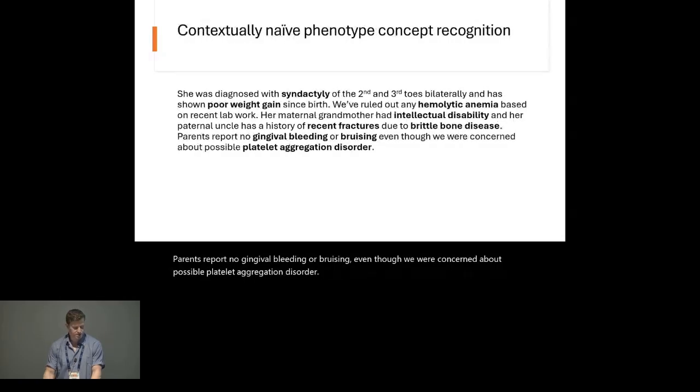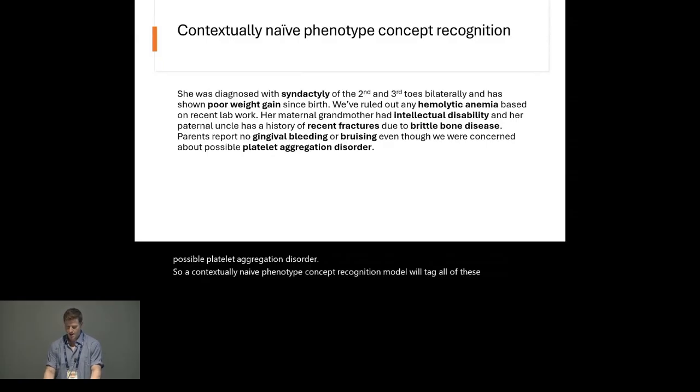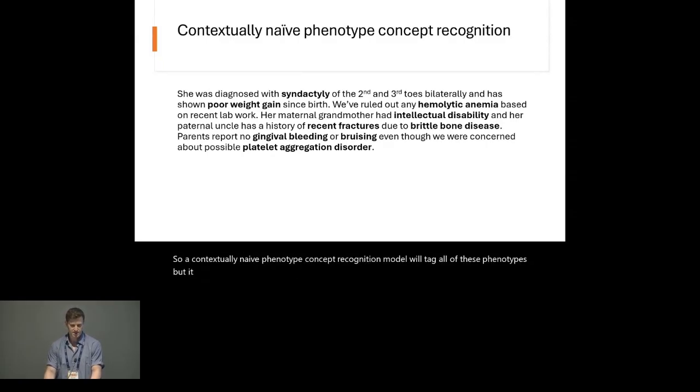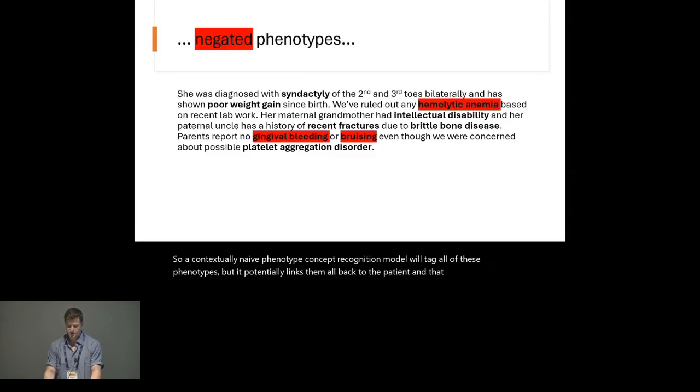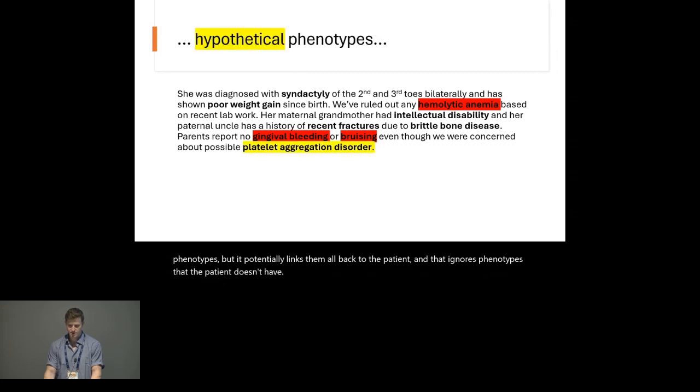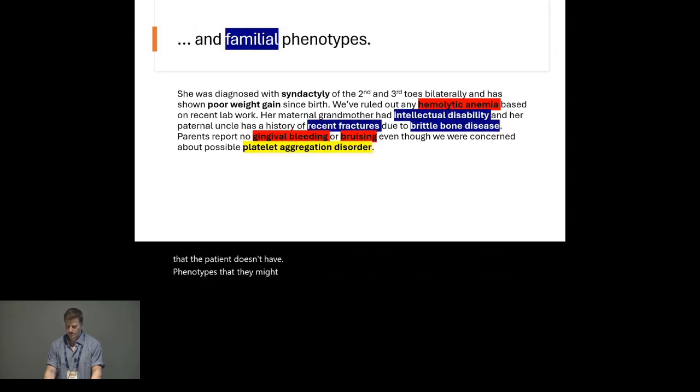A contextually naive phenotype concept recognition model will tag all of these phenotypes, but it potentially links them all back to the patient. That ignores phenotypes that the patient doesn't have, phenotypes that they might have, and phenotypes that are related to the family member.